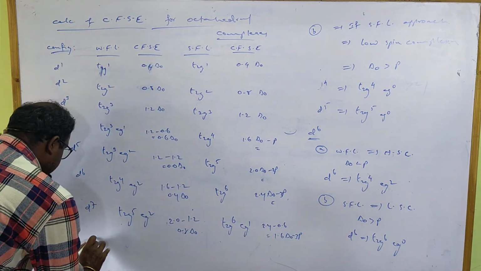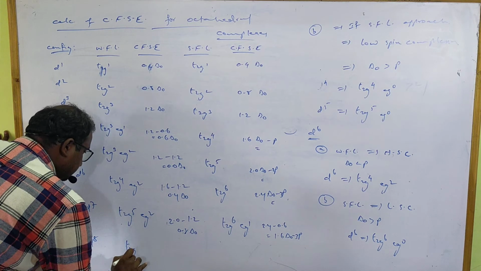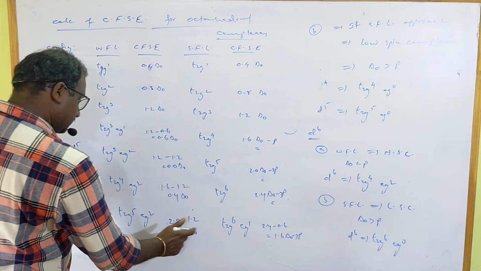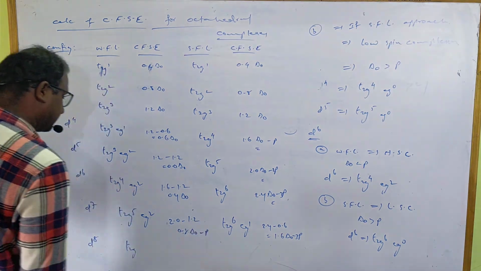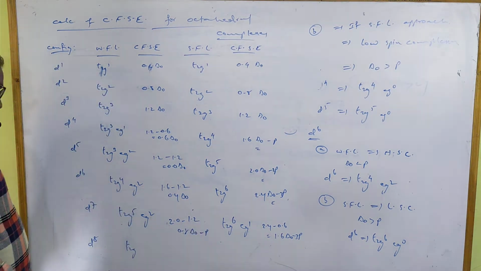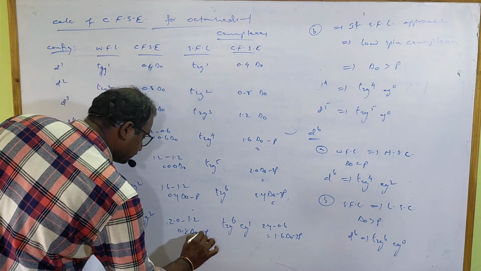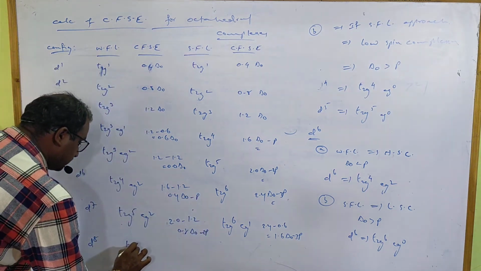Next for d8, pairing takes place here, so minus P, and here minus 2P, because 2 pairs are there.